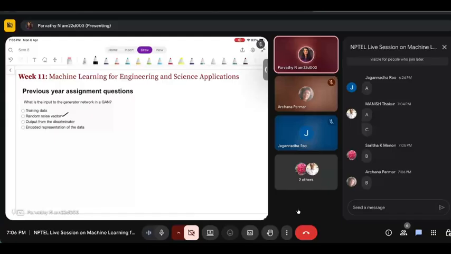So in the GAN architecture, the generator will take some random noise vector, and then this random noise vector is sampled to a synthetic data sample.